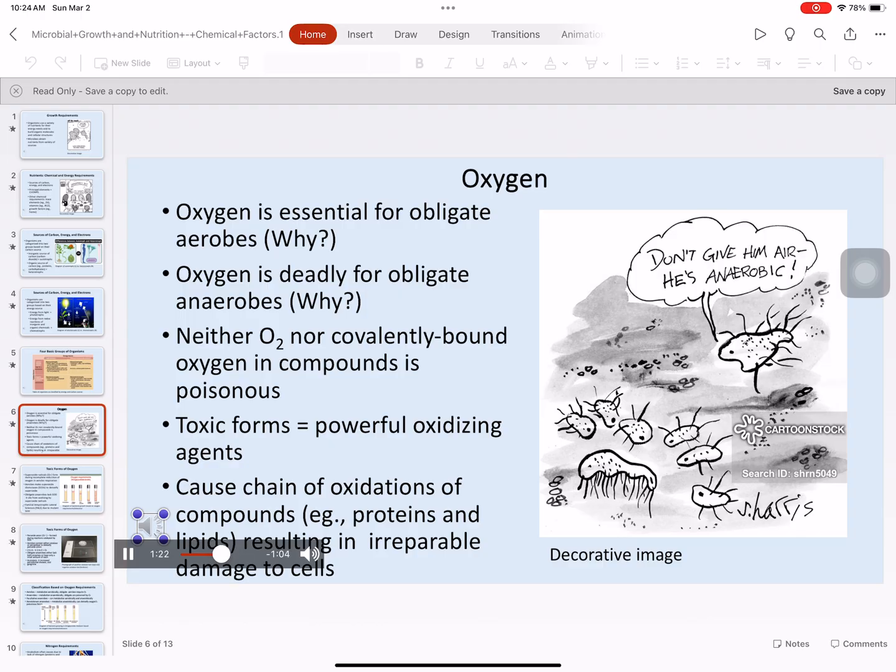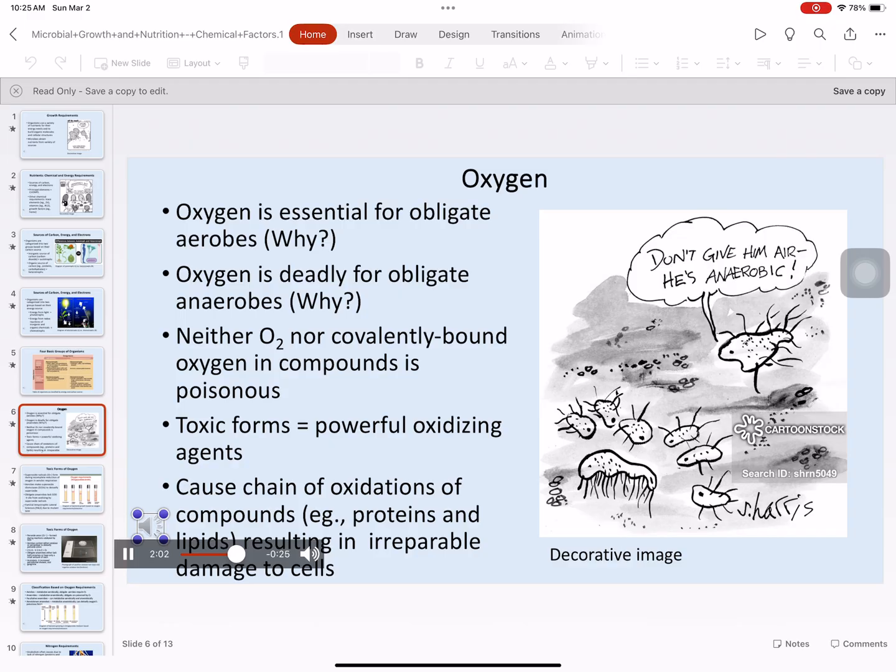That is, they are going to strip electrons, hydrogens and their associated electrons, from other chemicals, and that will then alter those chemicals. So oxidizing agents are going to cause a chain of oxidations of critical compounds like proteins and lipids, and this is going to result in irreparable damage to cells.